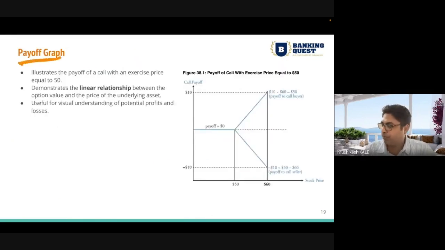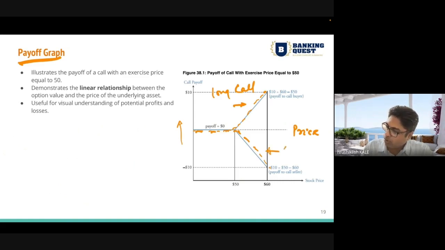Payoff graphs. So basically, on the y-axis you have profits, on the x-axis you have price. This is a long call. We have already seen all the payoff diagrams. But basically, it tells you the relation between today's market price and exercise price.